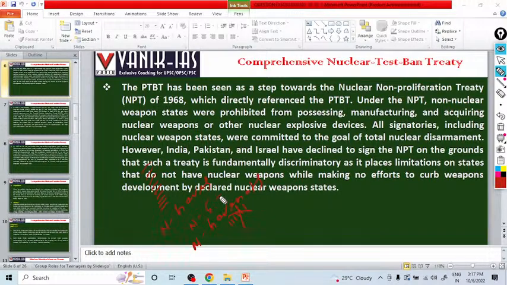Okay. No addition is allowed. So not allowed. Okay. This is discriminatory. The nuclear weapon countries continue to add to the nuclear weapons in a vertical manner, but the non-nuclear weapon states are prohibited from testing nuclear weapons. This is the discriminatory clause in the Nuclear Non-Proliferation Treaty.